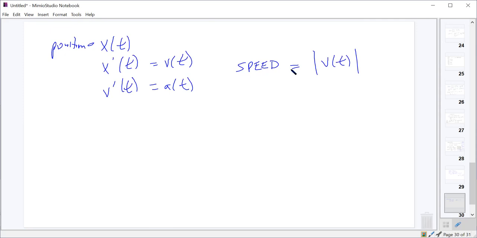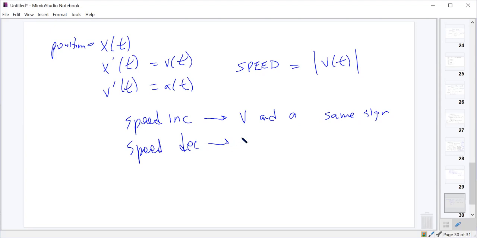And we want to note that specifically, if they ask you, is speed increasing? That would mean that velocity and acceleration have the same sign. And if you find that the speed is decreasing, that would mean that velocity and acceleration have different signs. Everybody good with that?